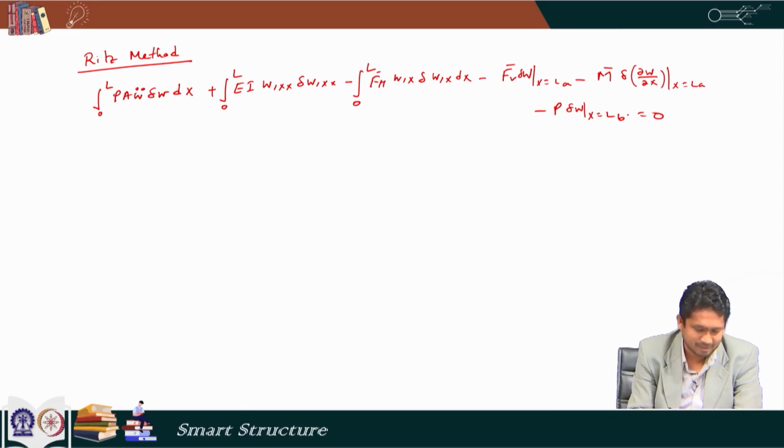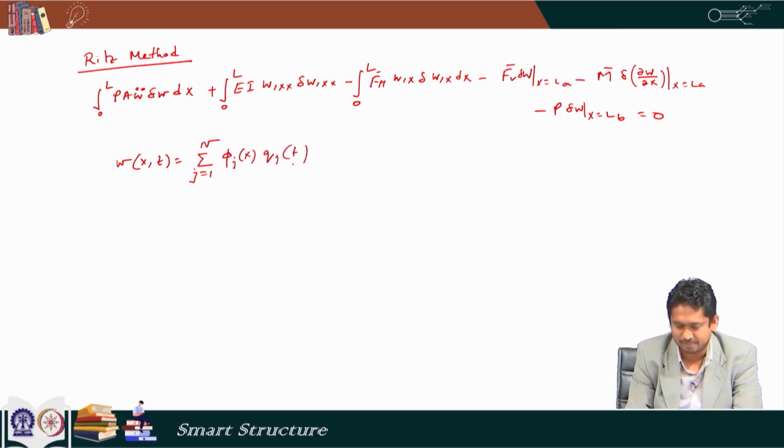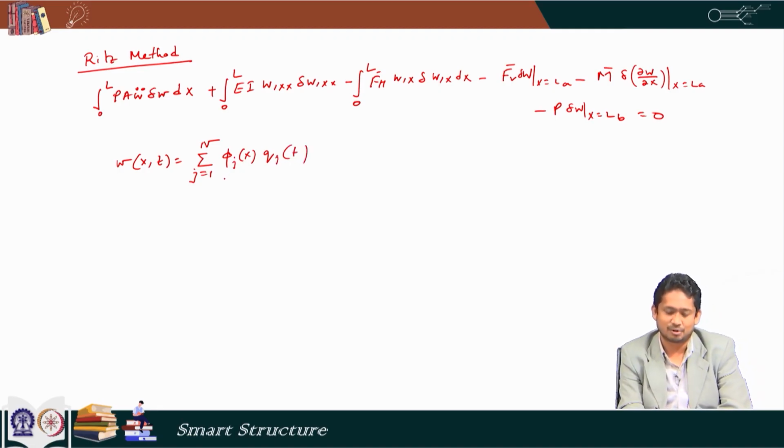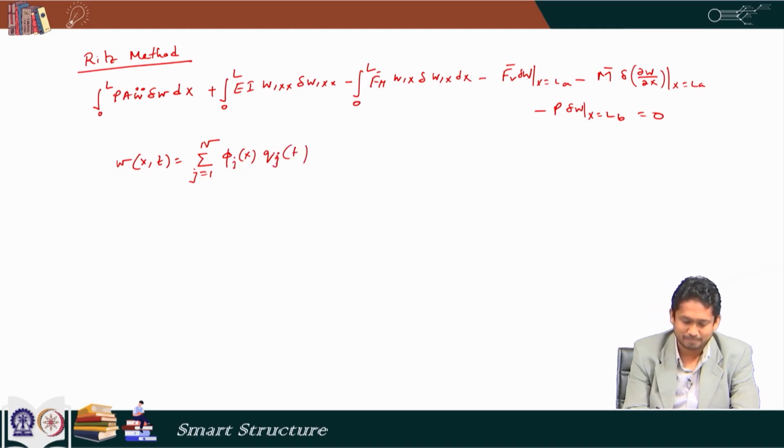Now, here instead of having localized basis functions, what we assume is w as a function of x and t is the sum of phi j of x multiplied by q j of t, where phi j is a known function of x, and q j is an unknown function of time.